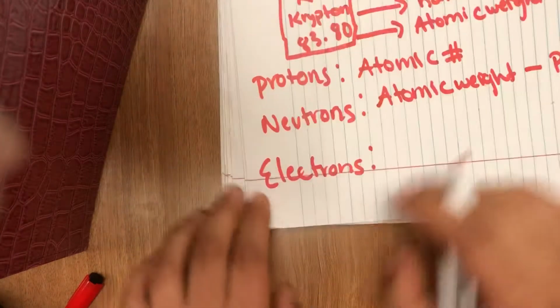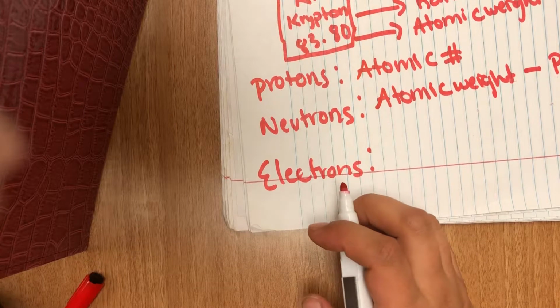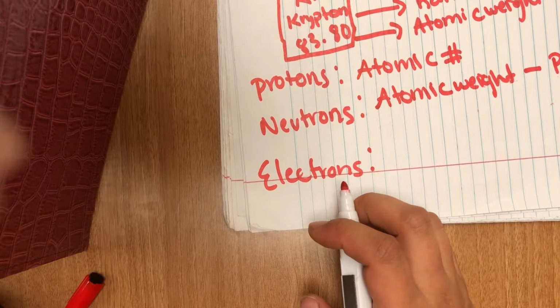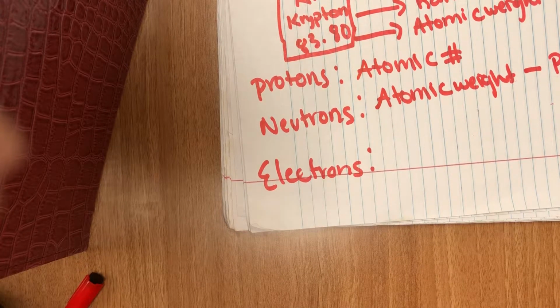Okay, and then lastly, we need to figure out the electrons. Atoms have no overall electric charge. That means they have to be balanced, with the positively charged protons in the element and the negatively charged electrons.